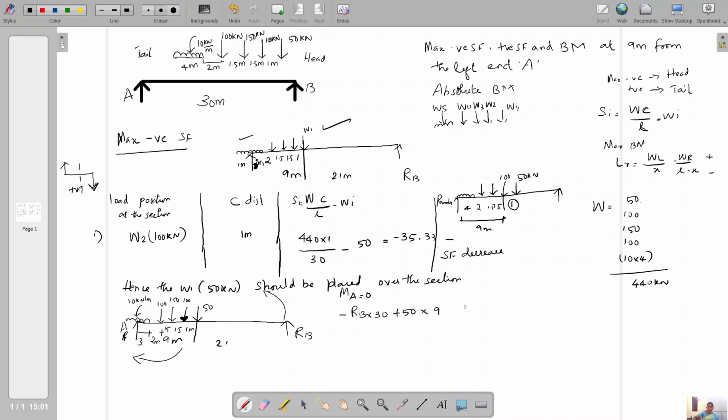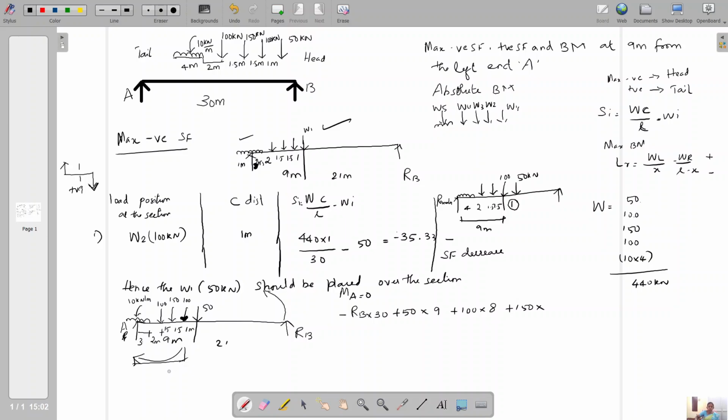50 into 9 plus 100 into 9 minus 1, because we need the perpendicular distance. So it is totally 9. If you deduct 1 meter, that will be the perpendicular distance. Plus 50 into, if you deduct 8, 8 is this perpendicular distance.